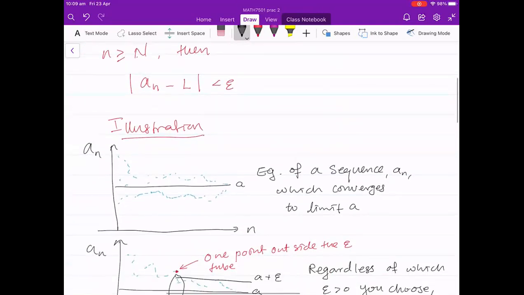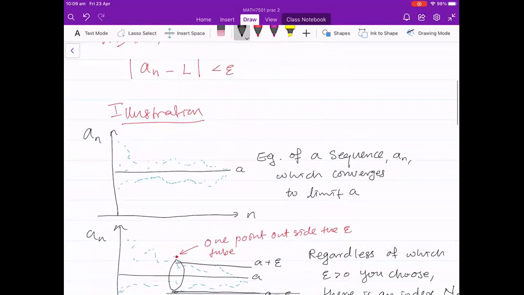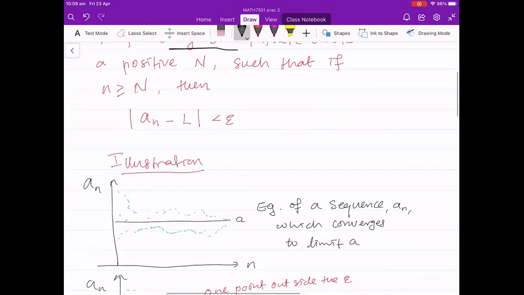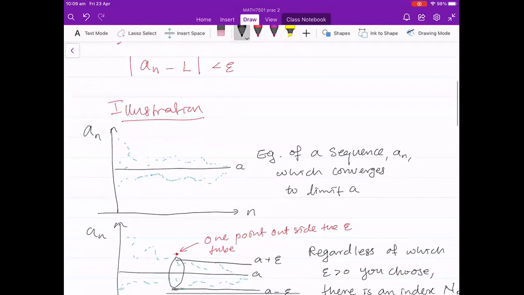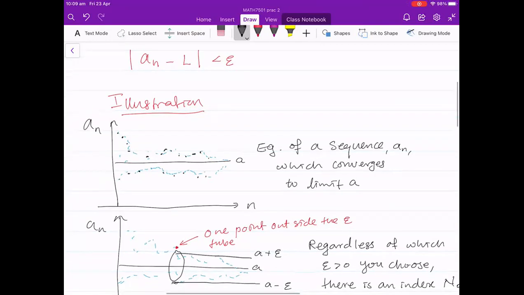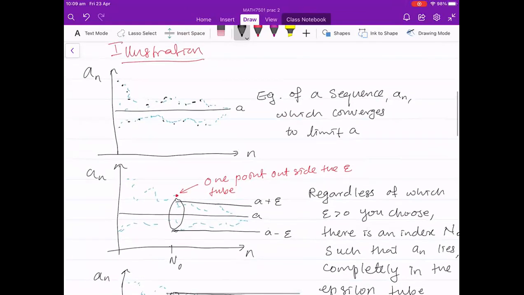Okay, intuitively, this is an illustration of what's going on in the definition. Let's say you have the sequence values like this. This could be a positive or negative sequence of values, which converges to the limit a.